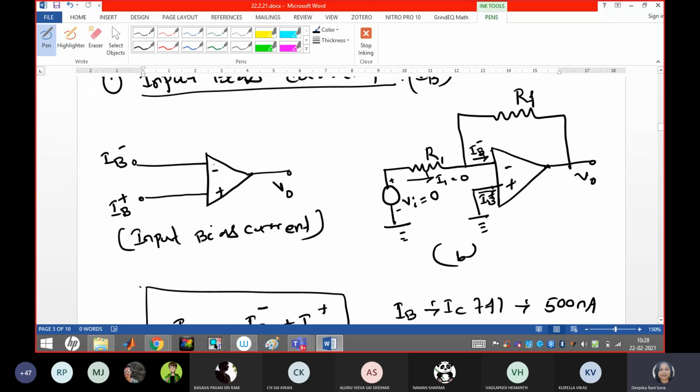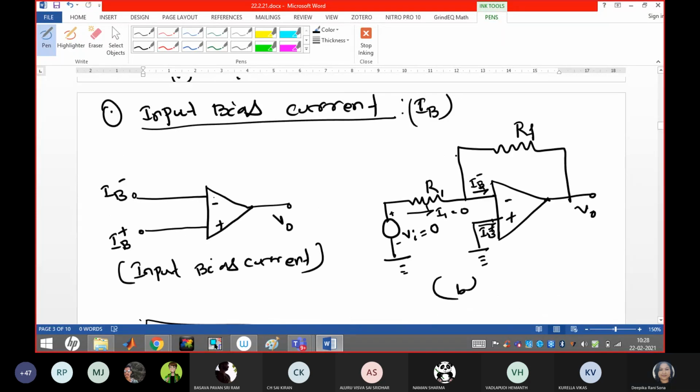If it is a different value, your output will show that kind of value. So what do you conclude from this concept, input bias current? Without the applied input voltage, there is an output voltage, pre-existing. Yes or no?